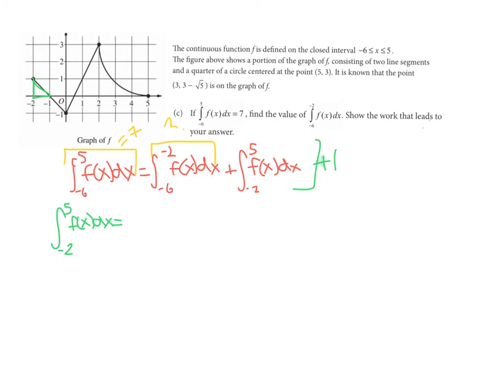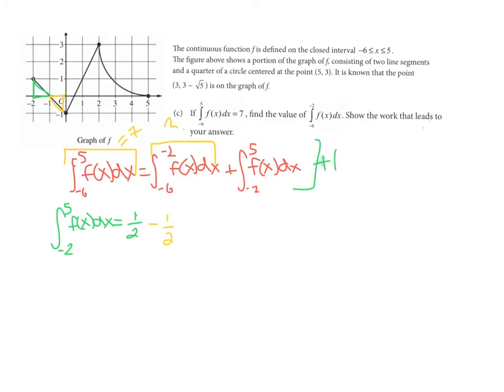If I use 1/2 base times height, I get that that triangle has an area of 1/2. That's going to be from -2 to -1. Second thing I know is from -1 to 0. I have another similar triangle that also has an area of 1/2. However, because that's under the x-axis, I'm going to make that one negative.